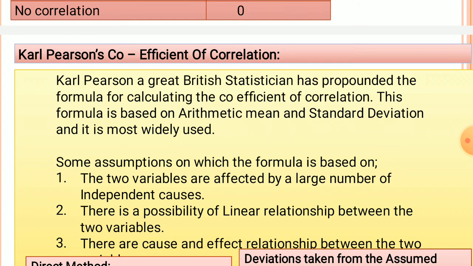That's why this method is known as Karl Pearson's coefficient of correlation. It is one of the most important methods of studying and finding the closeness of the relationship of two or more variables. This formula is based on arithmetic mean and standard deviation, and it is most widely used.